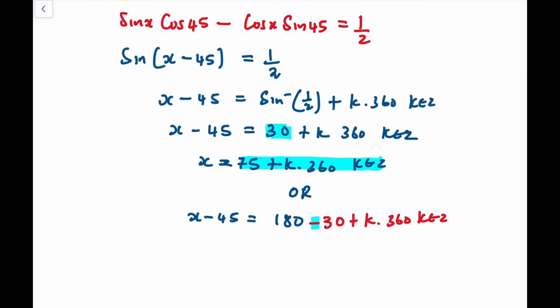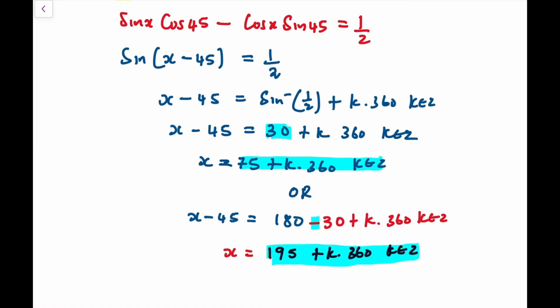And then now we transpose 45, so we are going to have 180 minus 30 plus 45. So x is equal to 180 minus 30 is 150, and then plus 45, it will be 195, plus k multiplied by 360, where k is an element of all integers. This is our solution number 2.